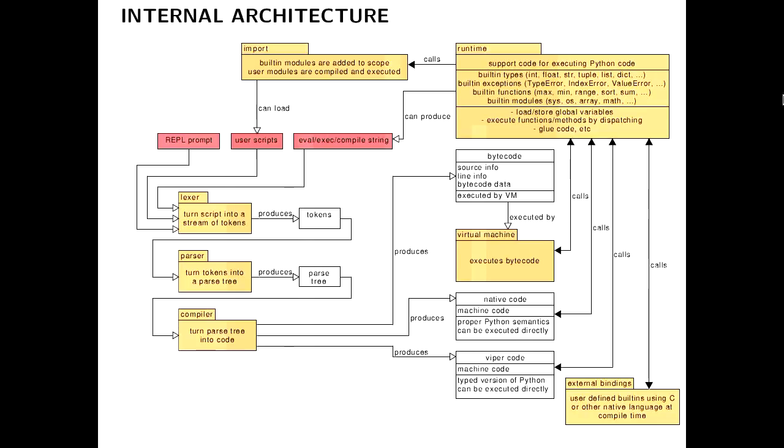On the left is the compilation phase. It takes your script, which can come from one of those red boxes. You either type it into a prompt or you have a script in a file. And the lexer turns it into tokens, which gets parsed into a parse tree and then compiled. And the compiler can emit bytecode, which is run on a virtual machine, or it can even emit machine instructions.